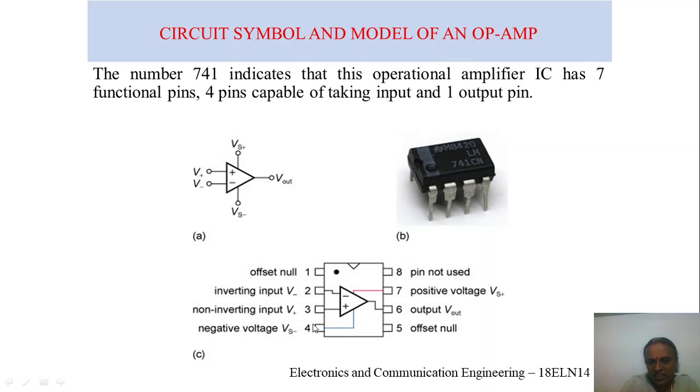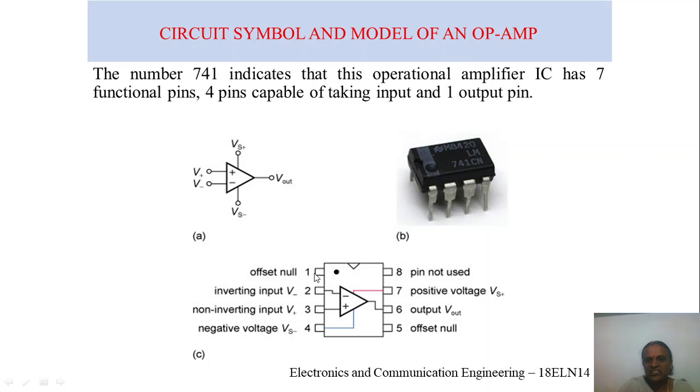So observe here, the numbering starts from 1 to 4 on the left side, from top to bottom, and next 5 to 8 on the right side from bottom to top. So please note the numbering, how you are going to read the IC numbers.